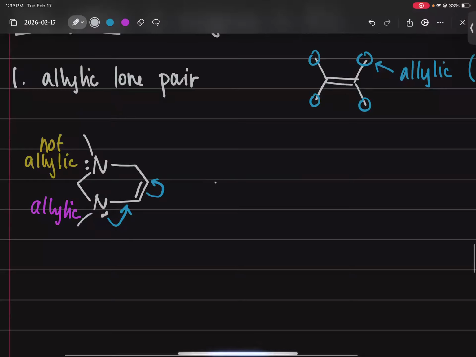So the result of these arrows, by the way, are two rules: can't break or make sigma bonds. Okay, we're not breaking any sigma bonds, and we're not making any sigma bonds. And we can't give any second row atom more than an octet. We'll check that at the end, but that's also not going to be the case.